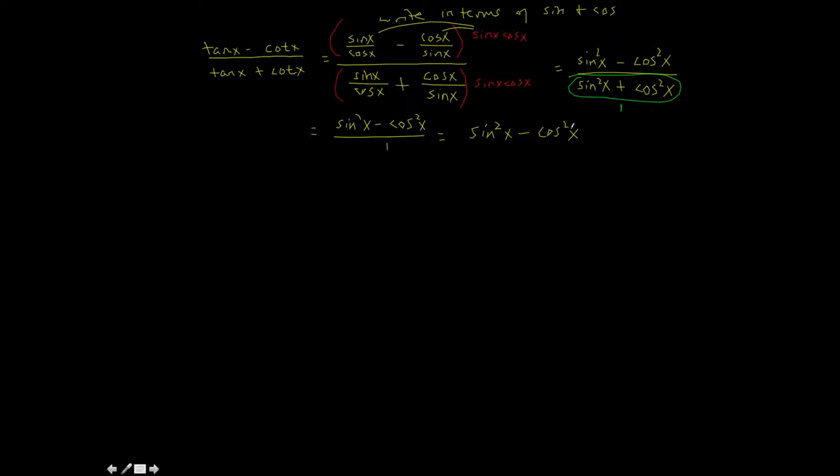Well, there is. Okay, we know that sine squared x plus cosine squared x equals 1. So I could very easily subtract cosine squared x from both sides, and I could get this.